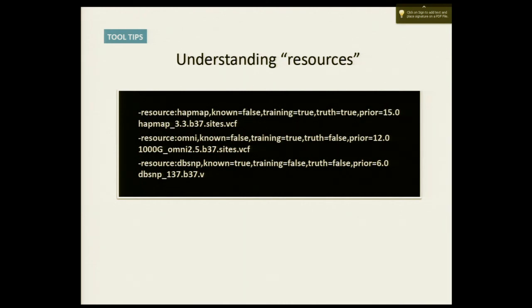And it goes down. Omni is slightly less high quality, so the sites on the Omni chip have a rate of being real at Q12. And then we've shown you many times that dbSNP is not so great, so we assign that a probability of Q6, which is actually quite low. Something like 87% of variants in dbSNP are real. And that's encoded right there.